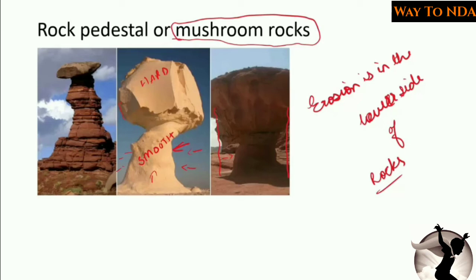Here you can see the erosion is on the lower side, and the upper part, which is hard, is not worn away very easily, that's why it remains as it is, but the lower side is worn away. So here you can see these are the mushroom rocks.